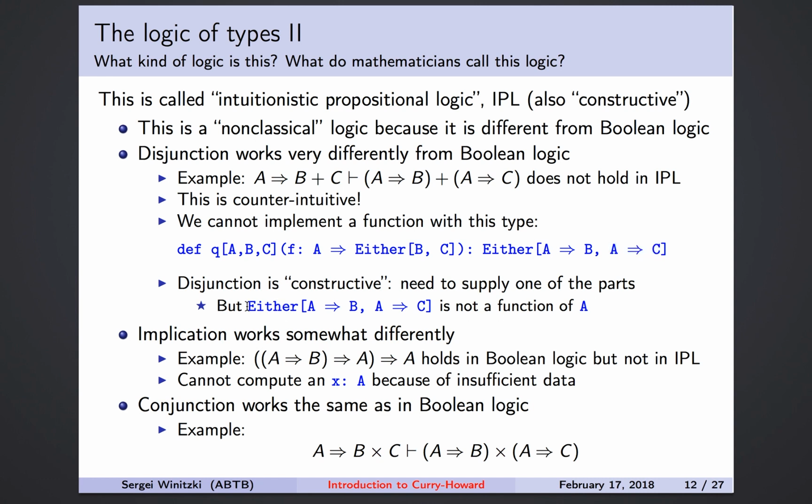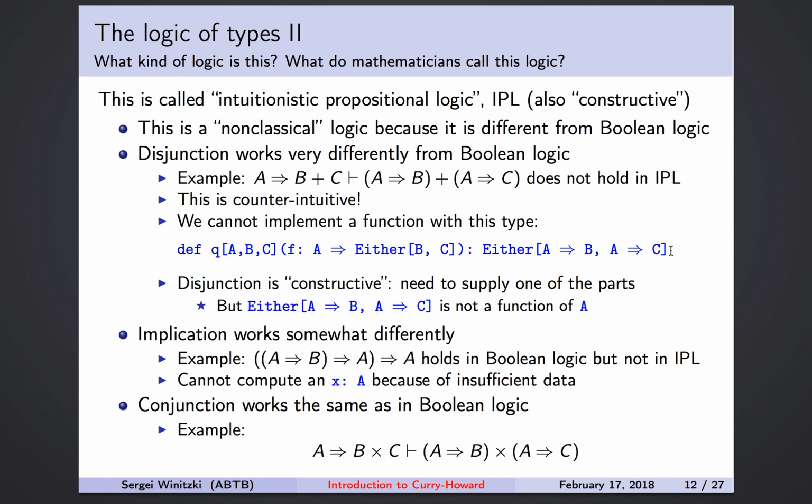In other words, this type, either of something something, is not itself a function of A. It contains functions of A, but itself it cannot be decided on the basis of any A's. It's too late. So we need to supply a left or a right. So here, right away, immediately we have to decide whether this will return a left or a right.